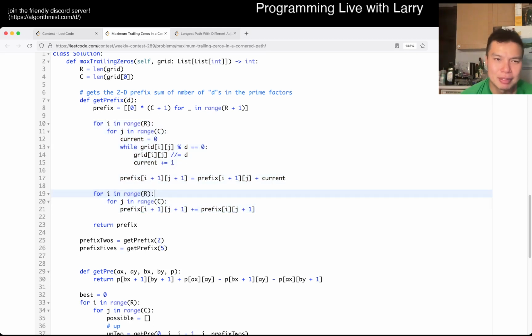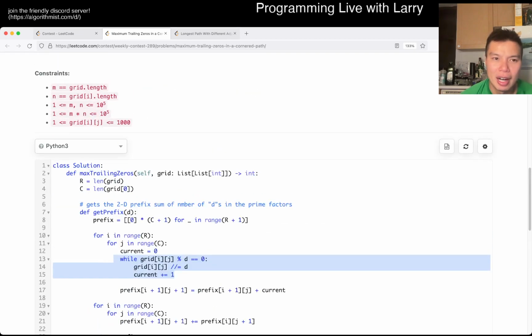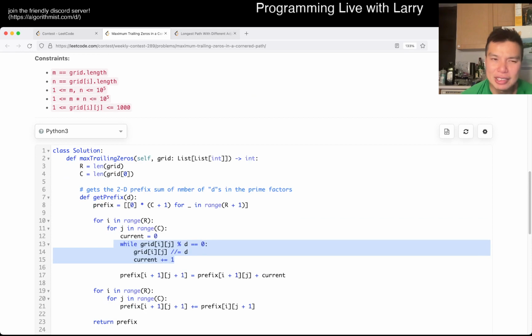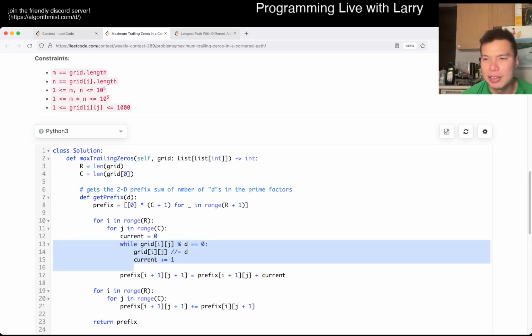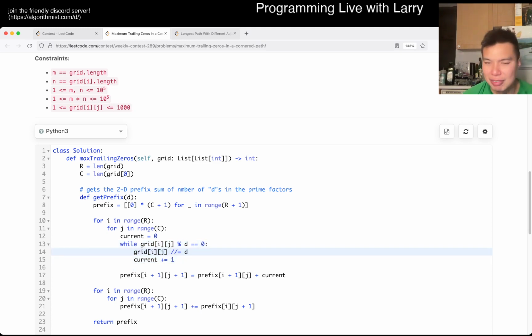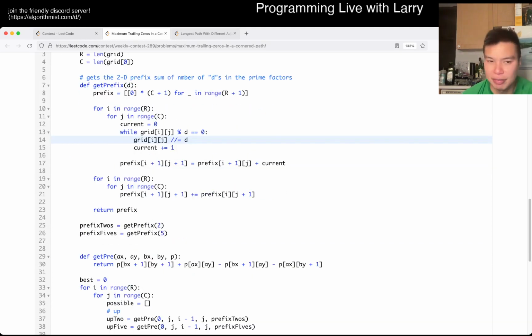As you can see, I just get the number of factors for the current element, at most 10 to the fifth, and we do this for every element. Because we divide by 2 every time, this will only run at most log 1,000, so at most 10 times. So this is going to be good. And of course, for 5, it's even less because it's log 5.